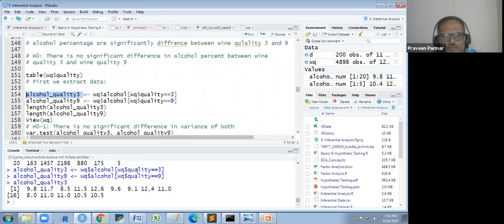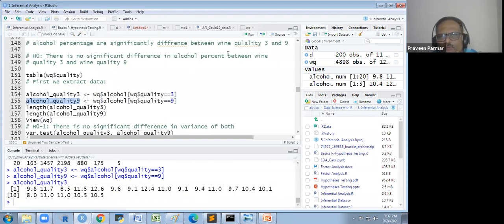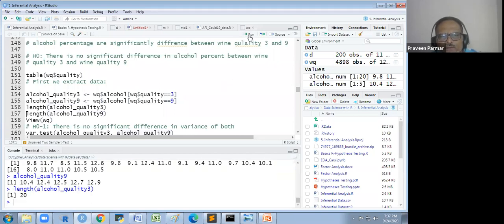You see, this is the alcohol percentage of wine quality 3 only. And this is for 9, we have 5 observations. Does that make sense to you? Is there any doubt, anyone? So the lengths, you know, are 20 and 5.